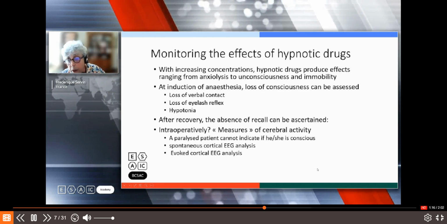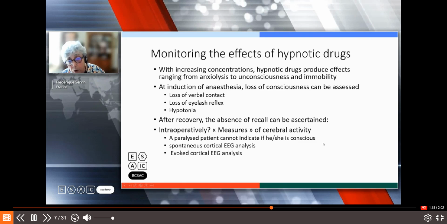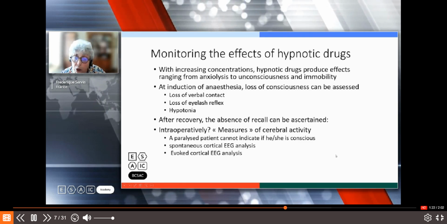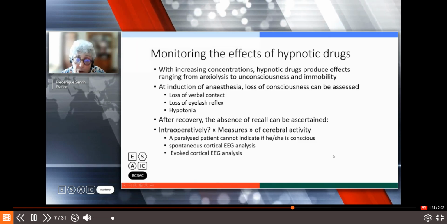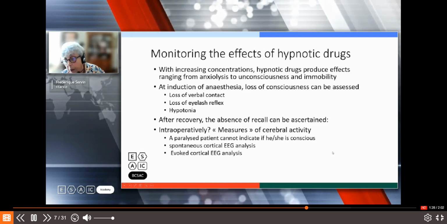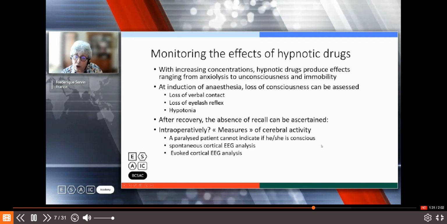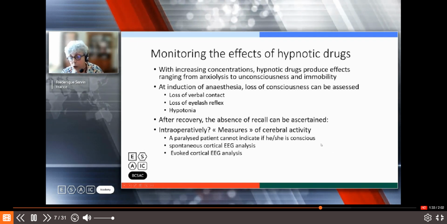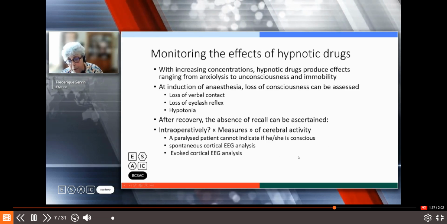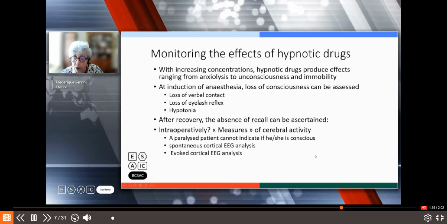But in between, it is very difficult, and you have no clinical endpoint to measure cerebral activity, specifically if a patient is paralyzed. If a patient is not paralyzed and he or she is conscious, he or she will open their eyes. So you know that they are conscious. But in a paralyzed patient, you cannot know.